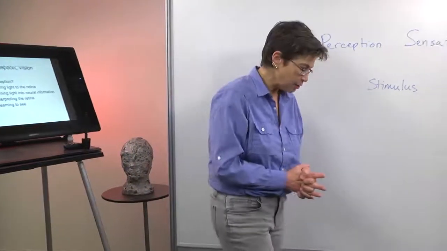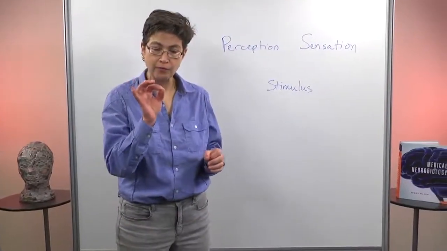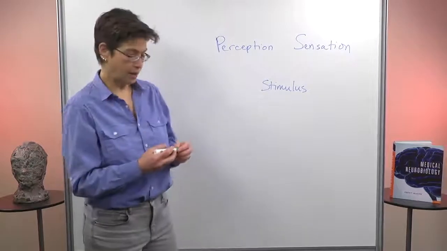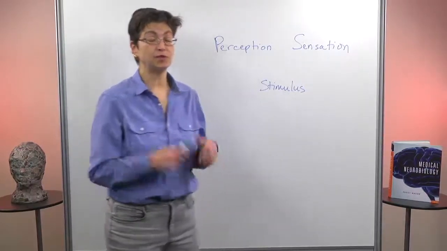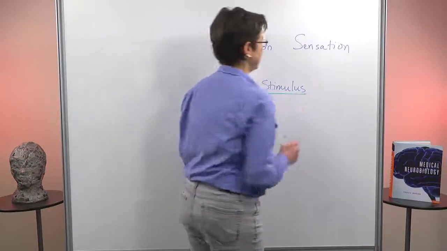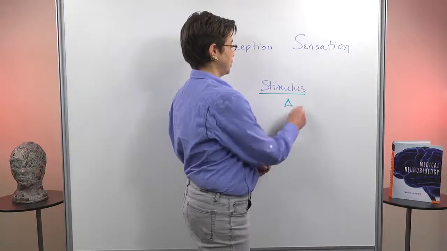But in this segment, what I want to concentrate on is some terminology. And specifically, let's define perception. Well, we have to start with a stimulus, and a stimulus is defined as any change.